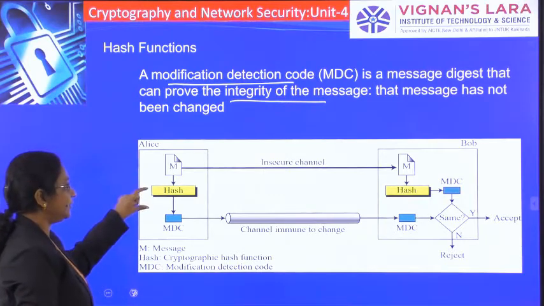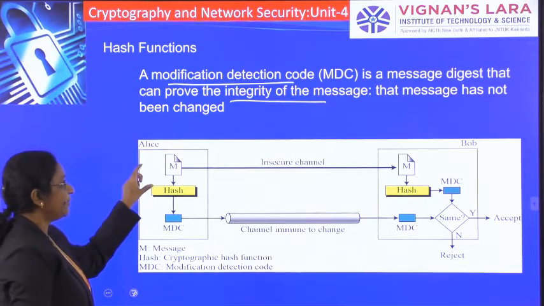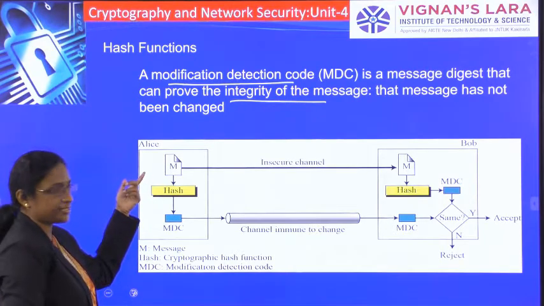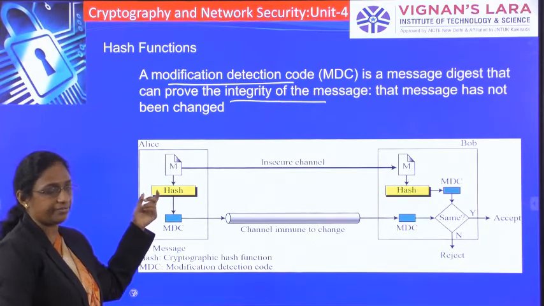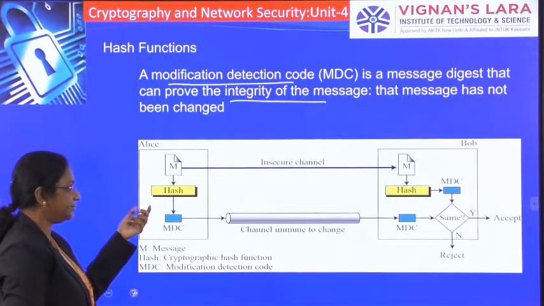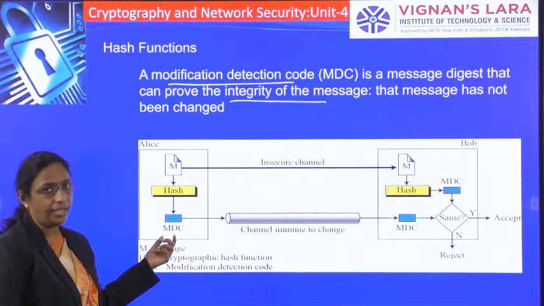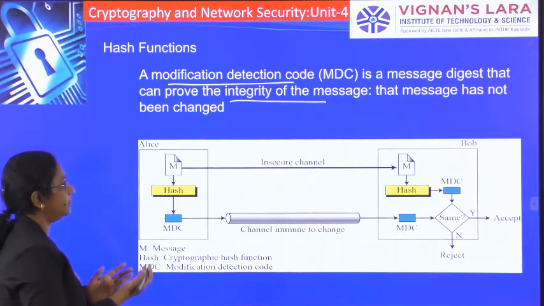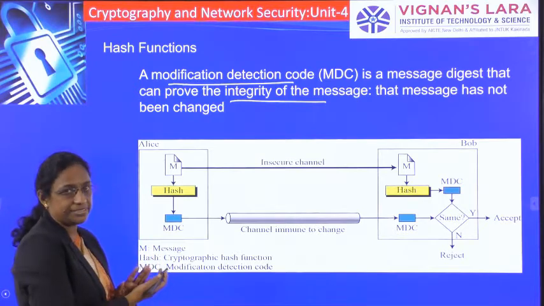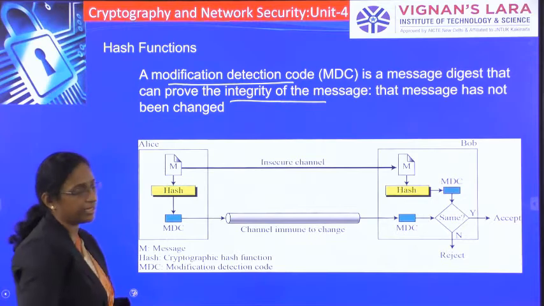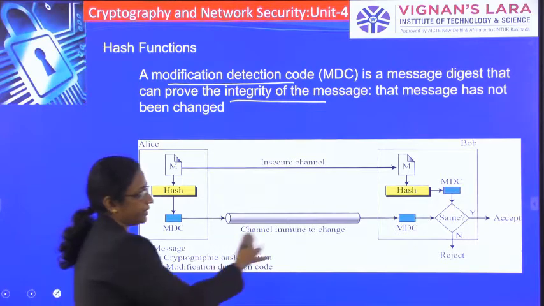So this is the scenario. What is the message that we have? The message goes through the hash function, or you can say the hash algorithm. After going through the hash algorithm, it generates a modification detection code. Then the sender will send the message along with the modification detection code to the receiver.